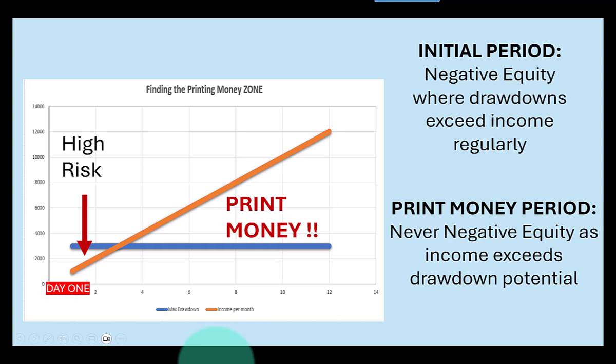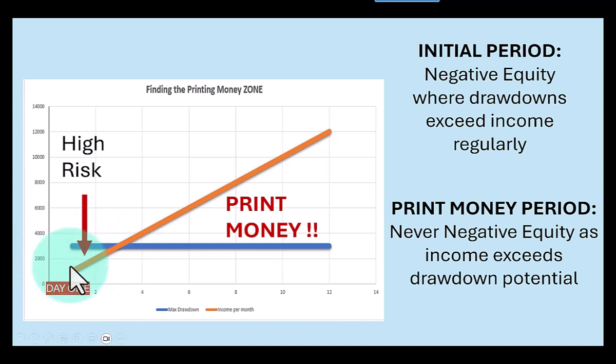So what happens when you start a new EA or a new strategy or a new investment process on day one? Your risk is at its highest because you haven't earned any money, but you can potentially have a big drawdown very quickly within that technique.